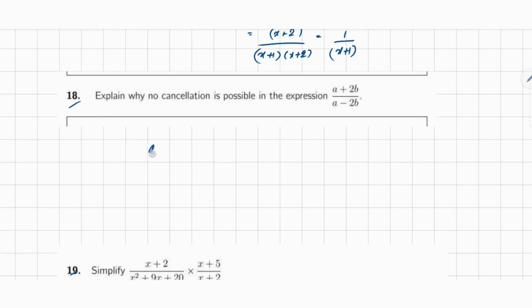So over here, a plus 2b, here a and 2b are two terms which are connected by a plus sign, and these two terms are connected by a minus sign, and they are not factors of each other. They're expressions made up of two terms connected by a plus or minus sign. And since there are no common factors between the numerator and denominator, we cannot cancel or simplify this further.